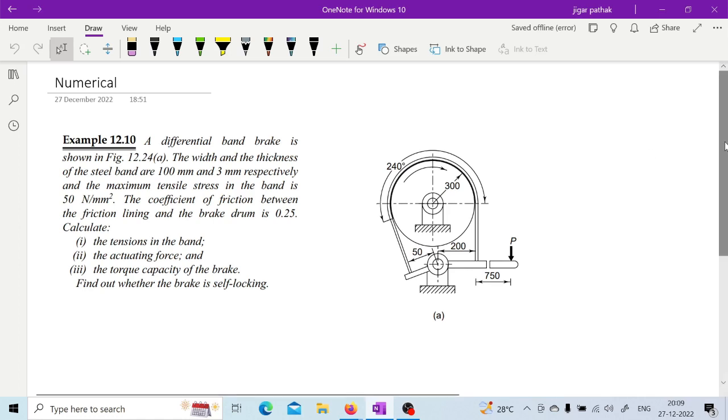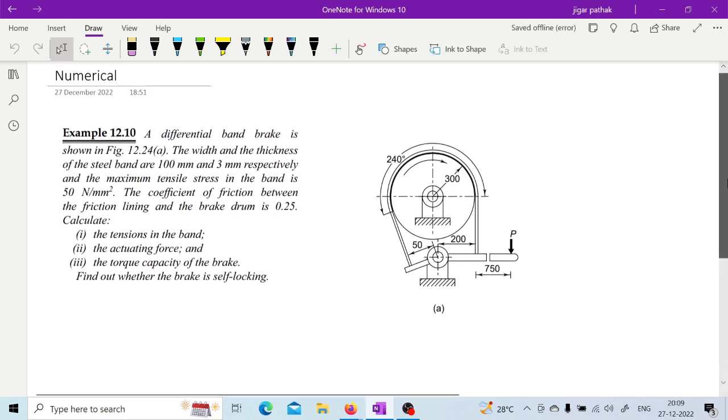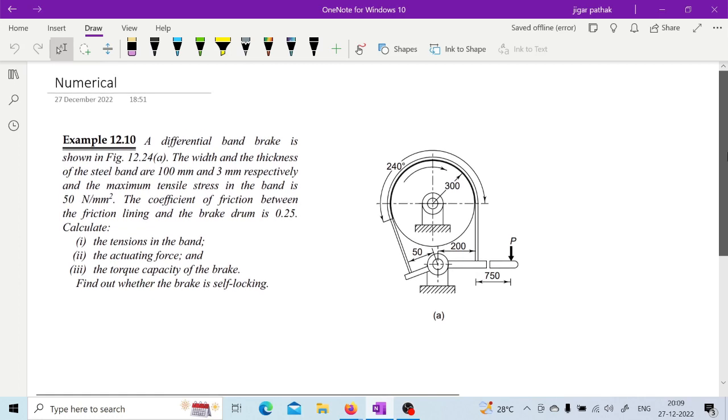Calculate the tension in the band, the actuating force, and the torque capacity of the brake, and find out whether the brake is self-locking. You can try this one, right? Yes or no? Yes, sir, simple. Is the maximum tensile stress allowable or present in the present situation?